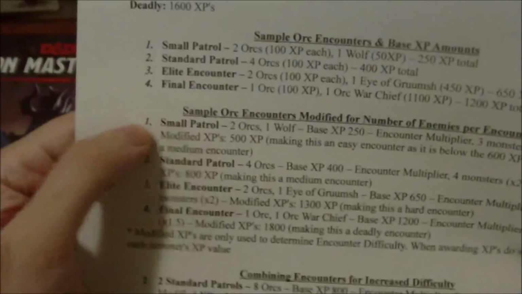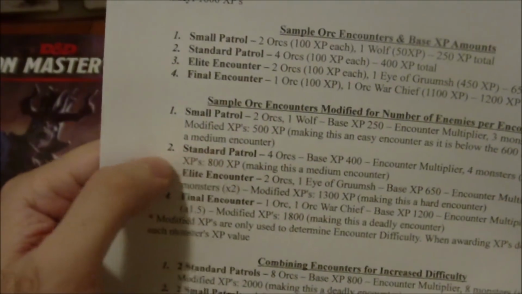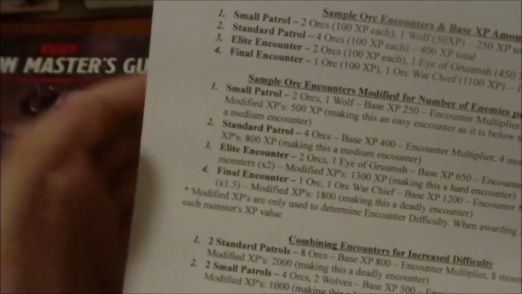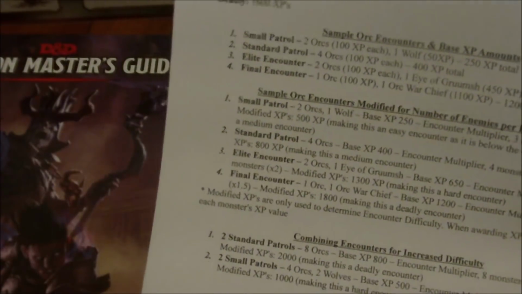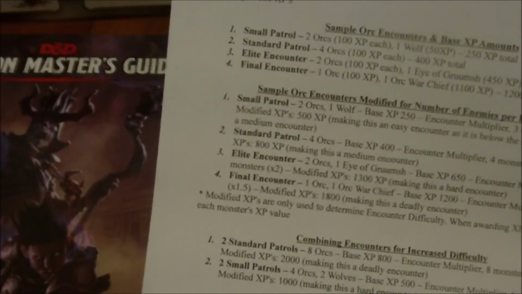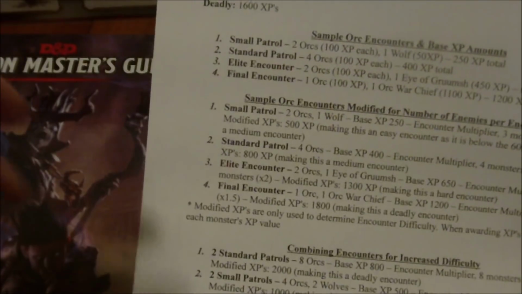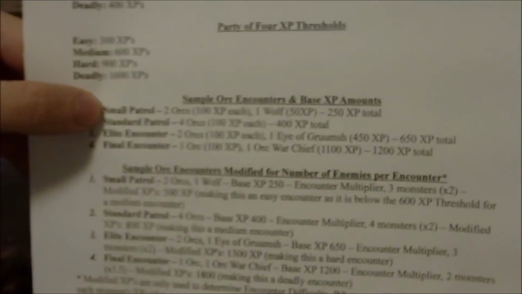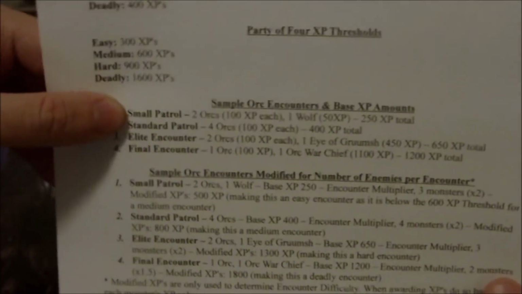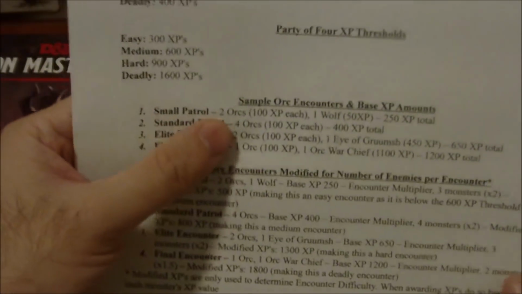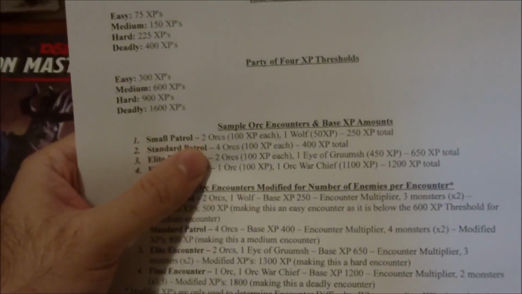So, we now have some easy encounters, some standard or medium difficulty encounters. We have one hard encounter, and we have one deadly encounter. So that's sort of how we use the book. So we've got our thresholds for each individual character. For the party as a whole, we have the experience point values for our encounter groups that are going to be actually awarded for defeating each of these encounters.